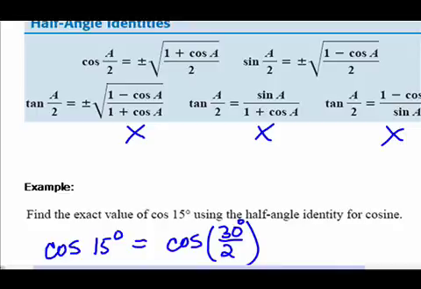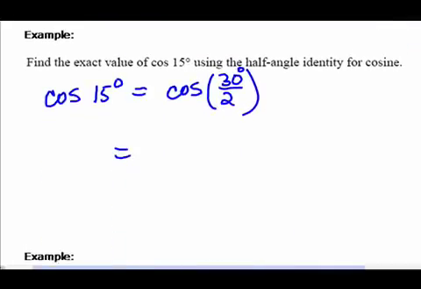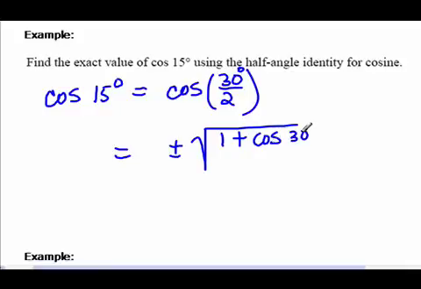It's going to be plus or minus the square root of 1 plus cosine A, all over 2. A would be 30. Remember, this is A over 2. And since we're in quadrant 1, we can eliminate the plus or minus. We know it's going to be the plus version.